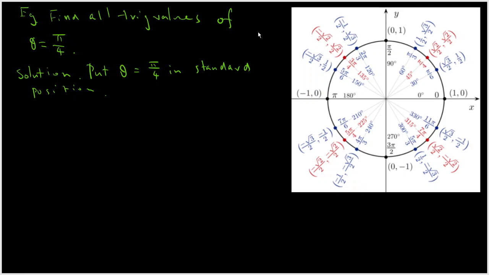Now you look at the mouse cursor. The initial side is that, right? Positive direction of the x-axis, and then you rotate the initial side counterclockwise by pi over 4. The degree equivalent for pi over 4 is 45 degrees.